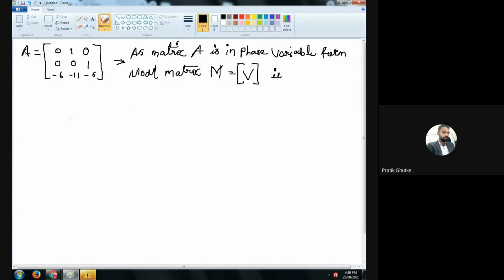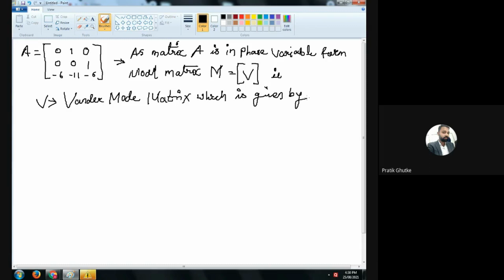The Vandermonde matrix. V is nothing but the Vandermonde matrix, which we have previously calculated. So how to calculate capital M?